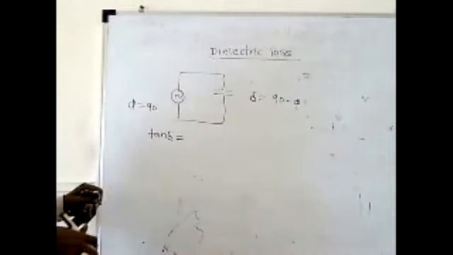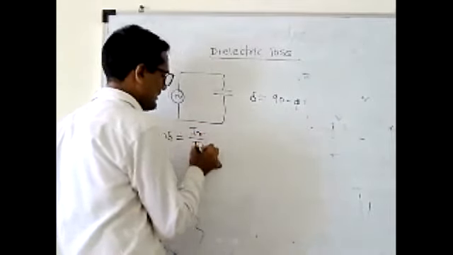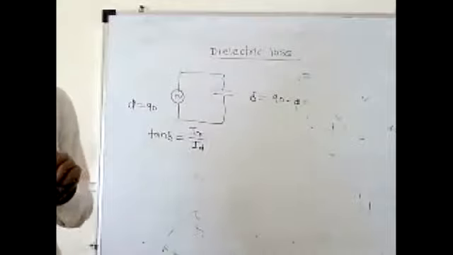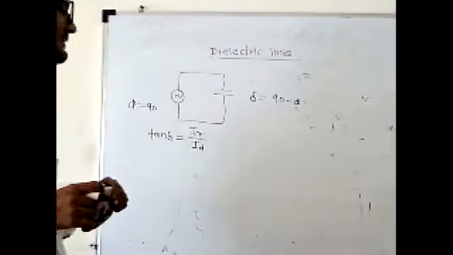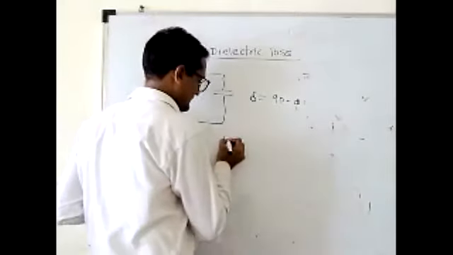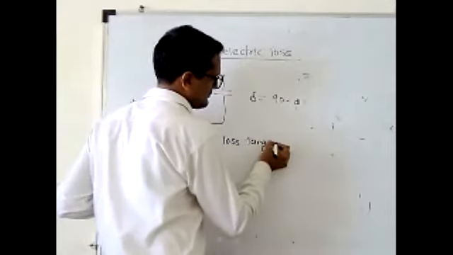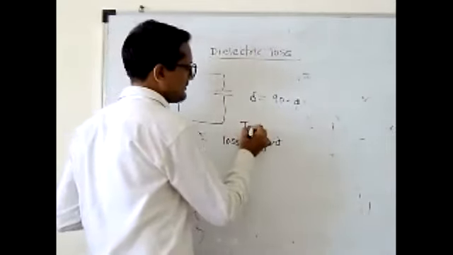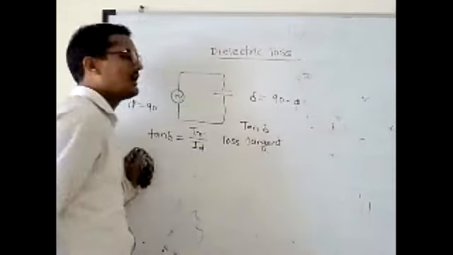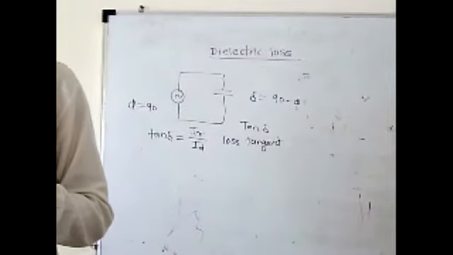Tan delta is IR upon ID, or it is called the loss tangent. Tan delta is the loss tangent.